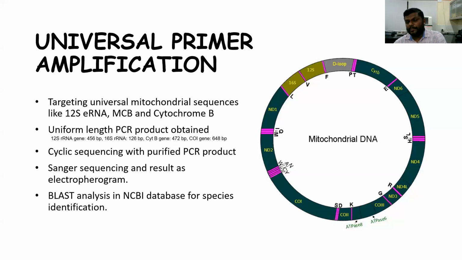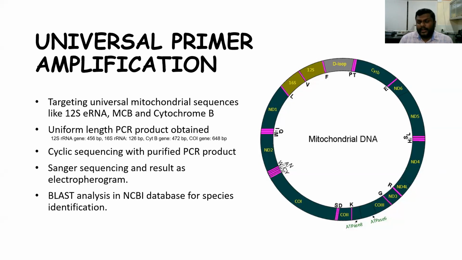Once you design a primer against mitochondrial DNA, we develop a forward primer and a reverse primer, as I already explained. This is a technique you can even follow in your own laboratory, with the help of a sequencing facility. In Hyderabad, we have many sequencing facilities. They may charge only 400, 500 or 600 rupees per sample.